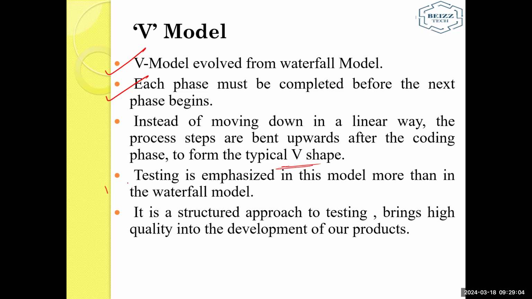So testing is emphasized in this model more than in the waterfall model. Why? Because at every phase of development, we can simply perform testing. So it is a structured approach to testing and brings high quality into the development of our product, because we do testing right from the requirement and continue it till the release. That's the reason at the end you'll be getting a quality application.